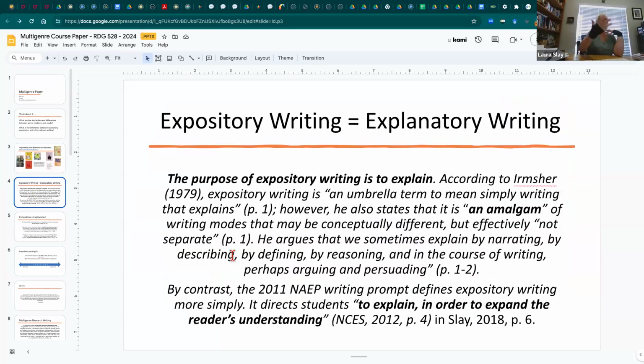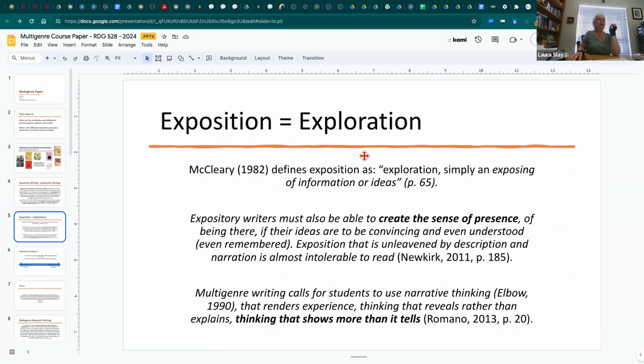So we just talked about expository writing and what it is. It's explanatory writing. I won't read that definition to you, but it's some of the things that I came up with in my research. And it comes from this concept of exploration. Exposition is an exploration of your ideas and information that you're looking for. You're in seek of knowledge.